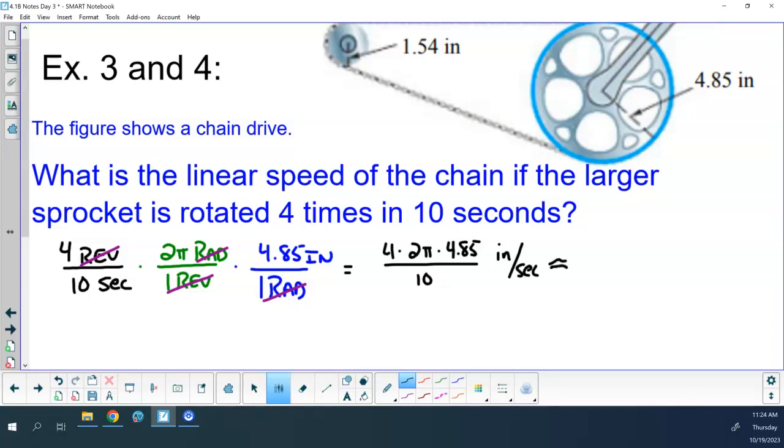If we decimal approximate that, 12.189 inches per second. Yes? Good on that?